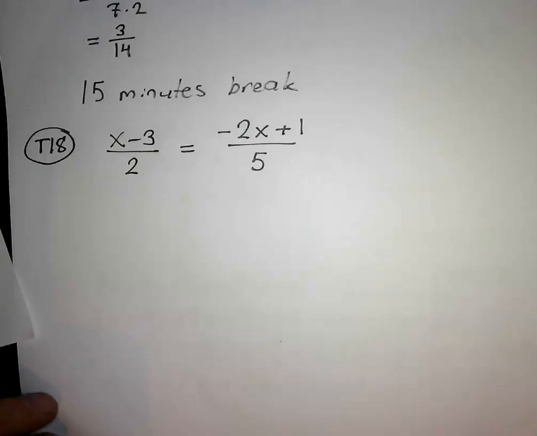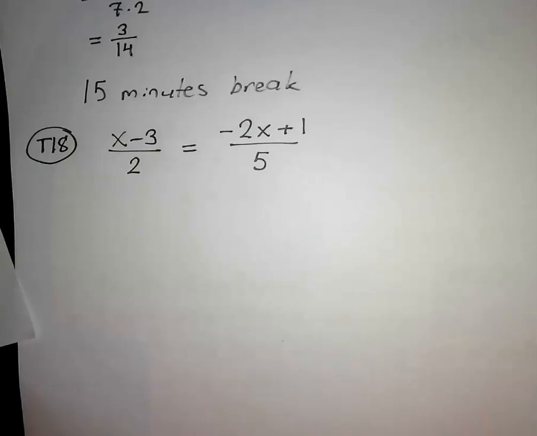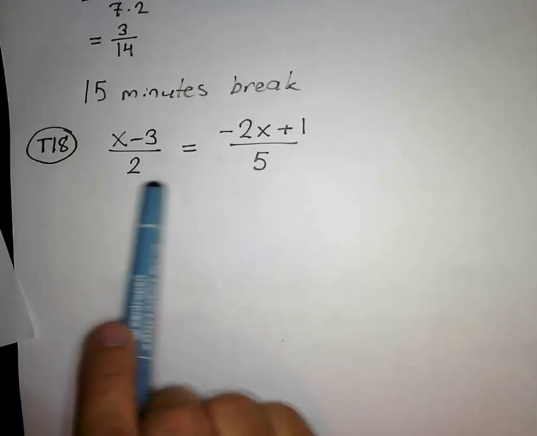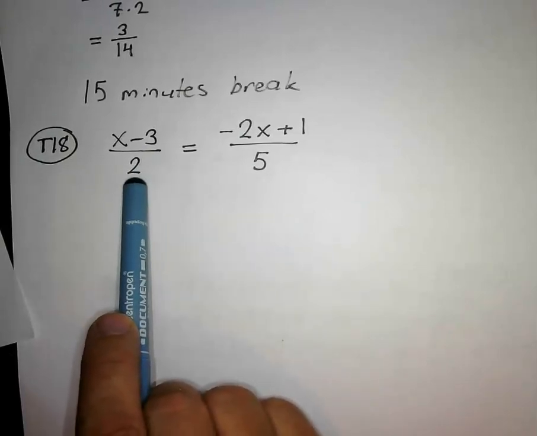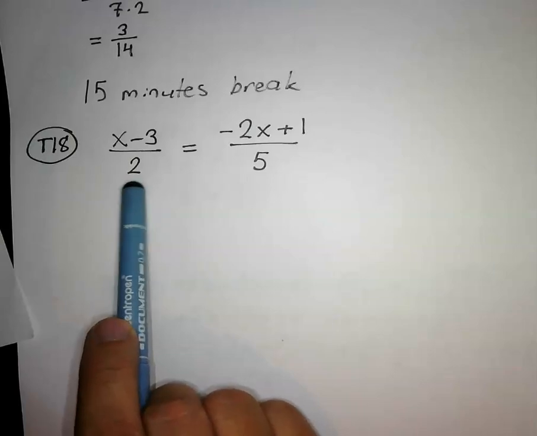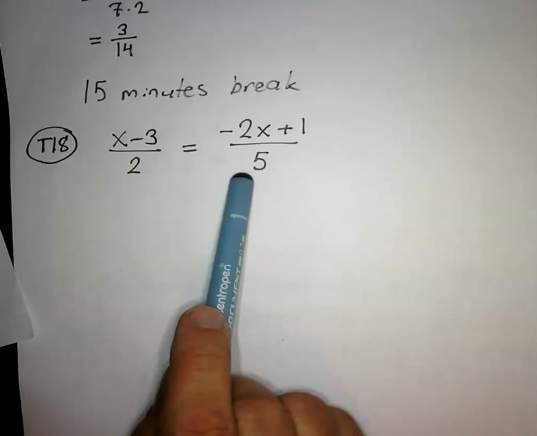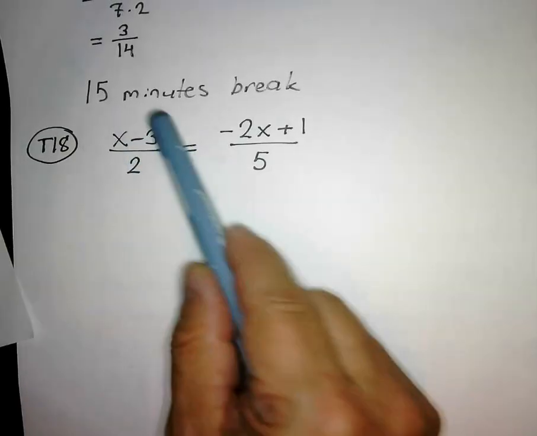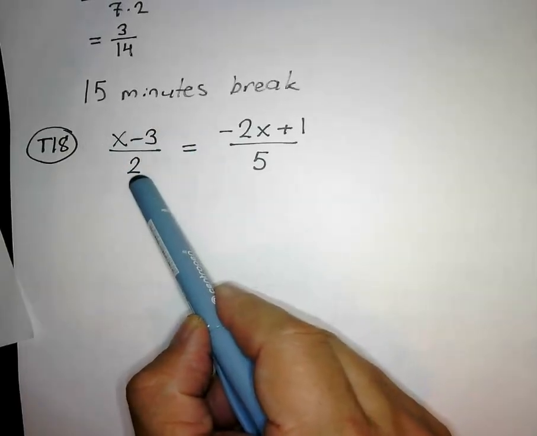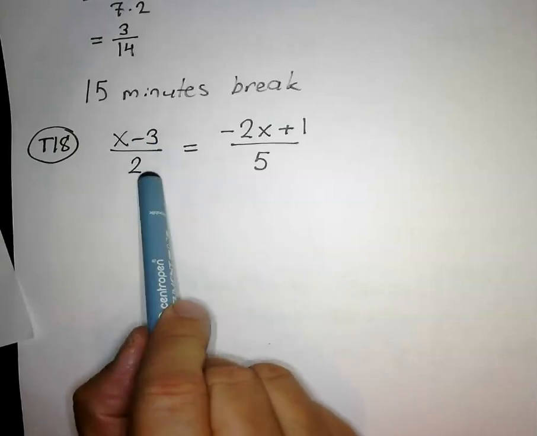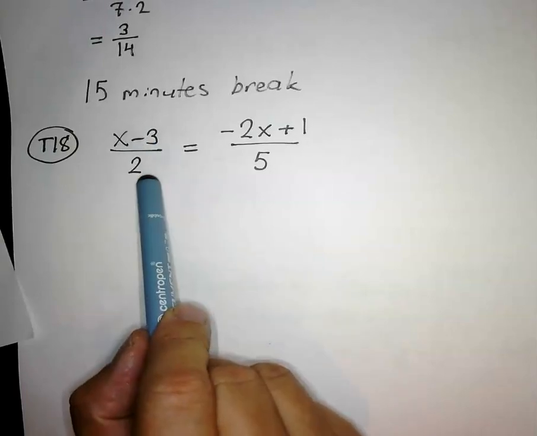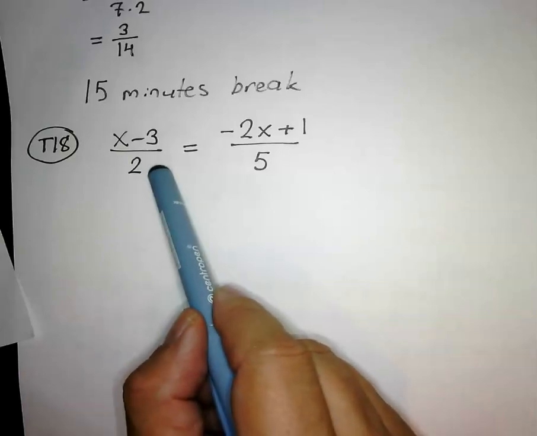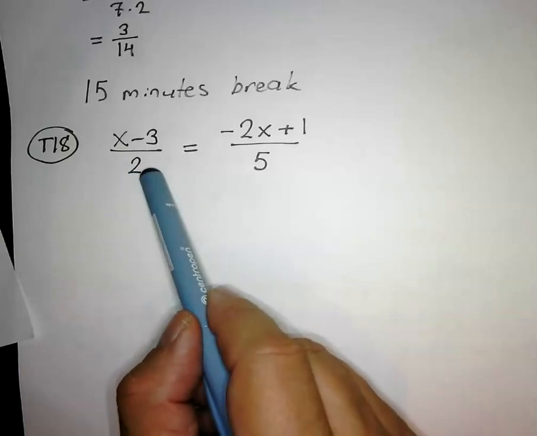Some like to do this so that they see those numbers in the bottom of both fractions. There are 2 and 5. So if you multiply this left hand side by 5 so that both top and bottom are multiplied by 5, you get 10 here. 2 times 5 is 10.